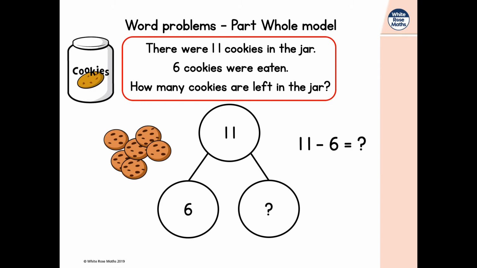Exactly. 11 take away 6 equals something. And what is that amount? How many cookies are left in the jar? Exactly. There are 5. 11 subtract 6 equals 5. So there are 5 cookies left in the jar.